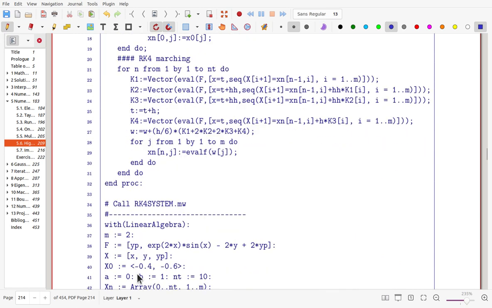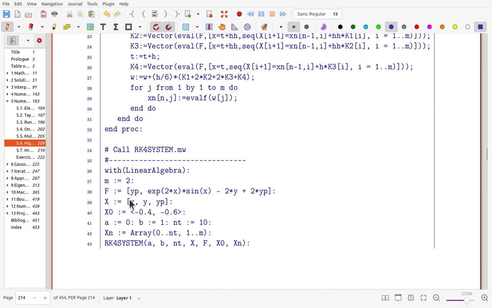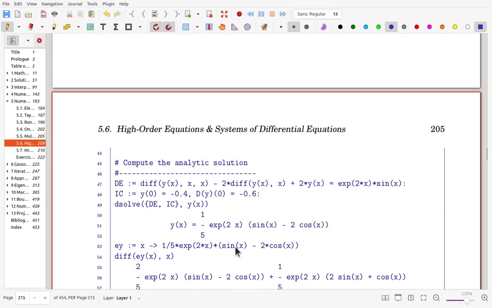Okay, for that one, here we are using the extra variable yp, and here are f1 and f2, and these are the initial values, the beginning point and end point. The number of intervals is 10, along with this empty array. Now after calling the procedure, we get the function values saved in xn.